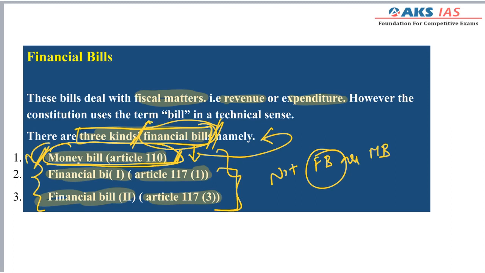Only those financial bills which are mentioned in Article 110 become the money bill, and it requires certification by the Speaker of Lok Sabha as a money bill. On the other hand, financial bills 1 and 2 are dealt with in Article 117. Clause 1 talks about financial bill 1, whereas the 3rd clause talks about financial bill 2.